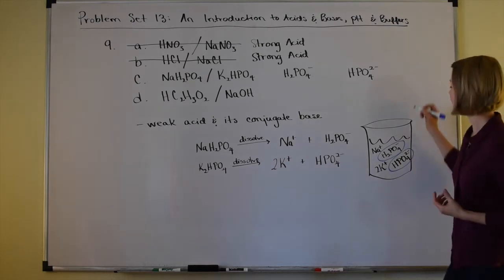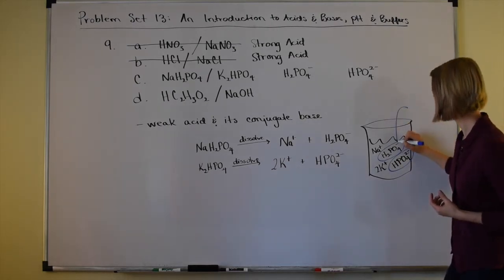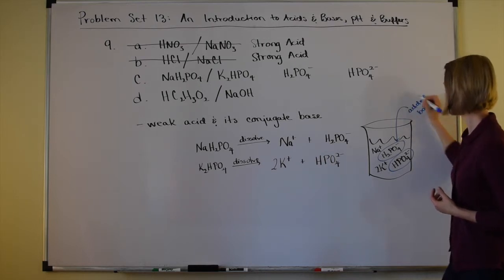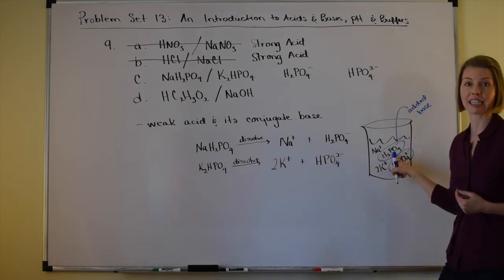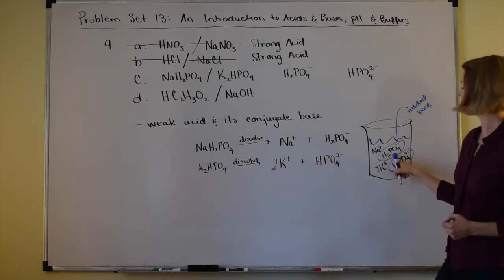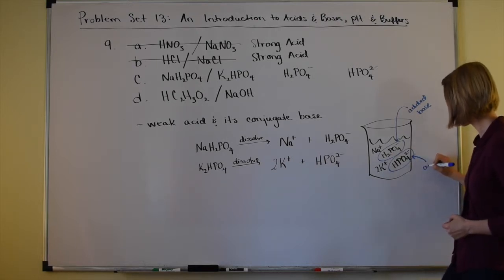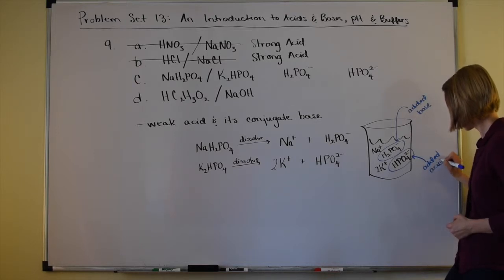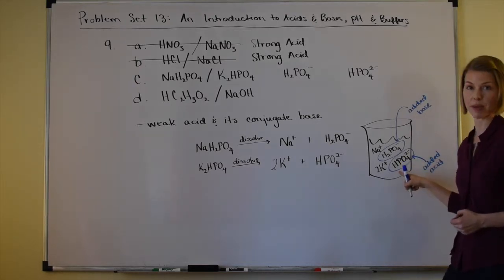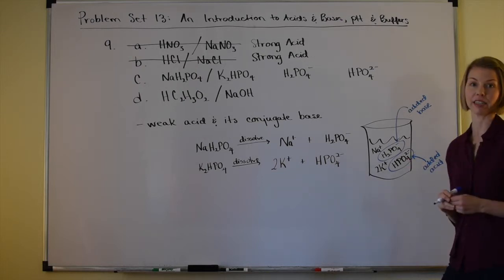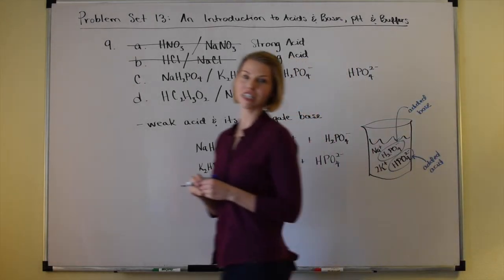So any added base will be consumed by the conjugate acid, which is the dihydrogen phosphate anion, and any added acid will be consumed by the conjugate base, which is the hydrogen phosphate anion. So this will function as a buffer.